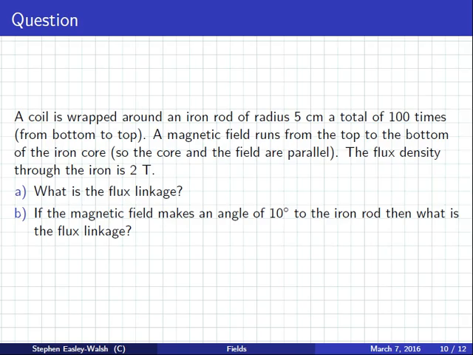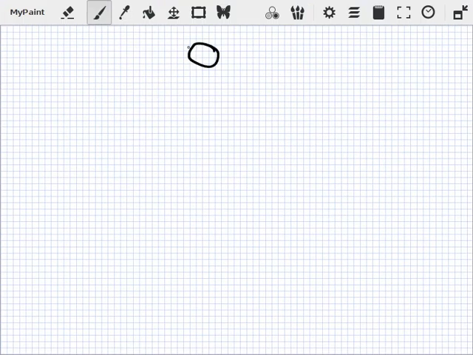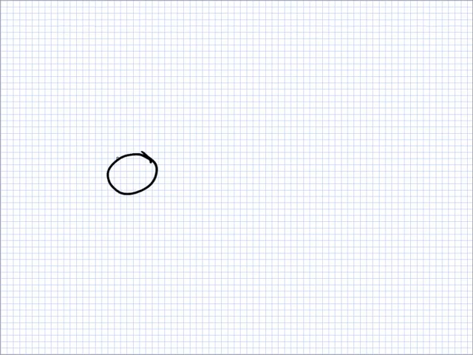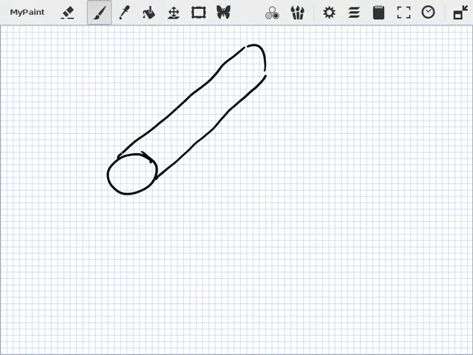Right. So what you have here is an iron rod, and this is wrapped around, I think I said 100.